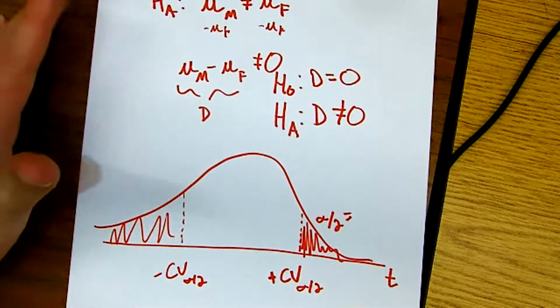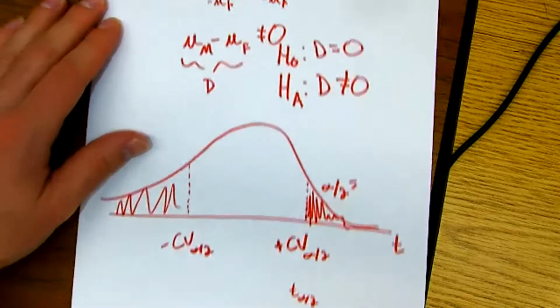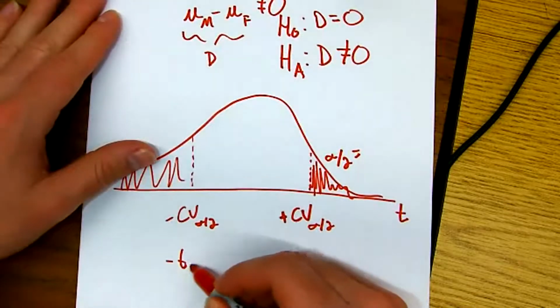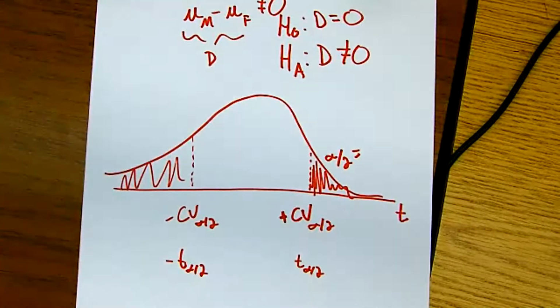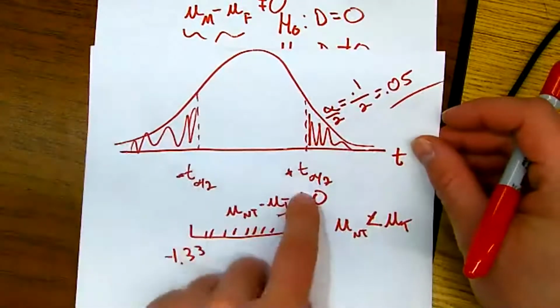Now, I need to know what my alpha level is to be able to look these up, but these really do just represent t-values, right? Which is the exact same thing we were doing with confidence intervals. We're looking up those t-values.